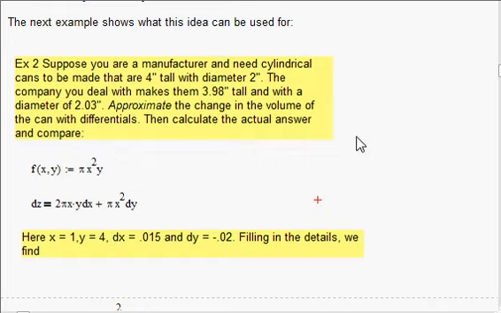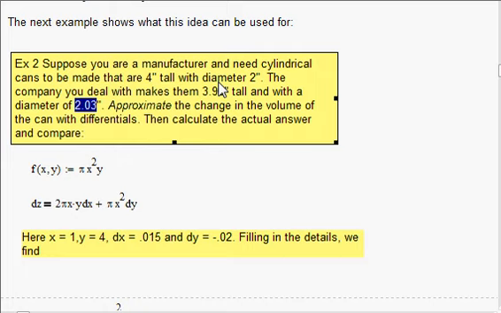So let's fill in some details for that. x equals 1, you're thinking, why is x equal 1 when the diameter of the can is 2.03? You might want to pause a second to think about why that's so, but I believe you might realize, oh yeah, that x is a radius, isn't it? So you take half of that. And the y would be 4. That's how we expected the can to be, right? If the diameter is 2 inches, the radius would be 1.